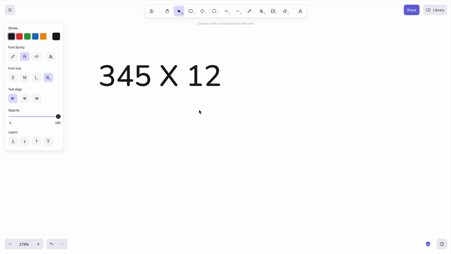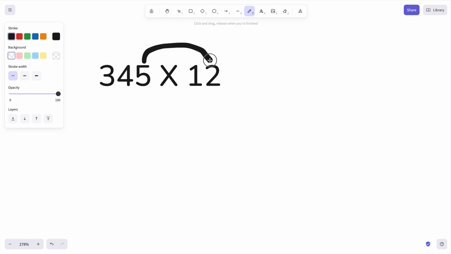Okay, what is 345 times 12? So let's try. We'll go with the same logic. We will take the units number and multiply. So I'm gonna take 5 multiply by 12.